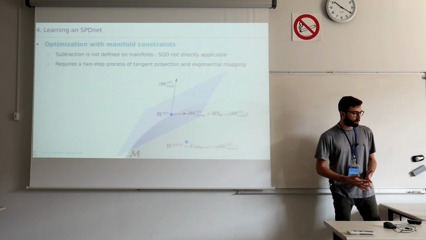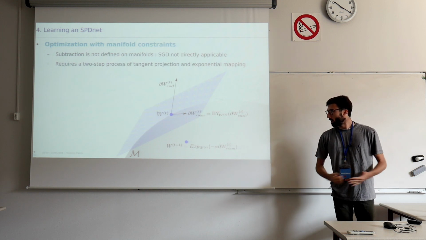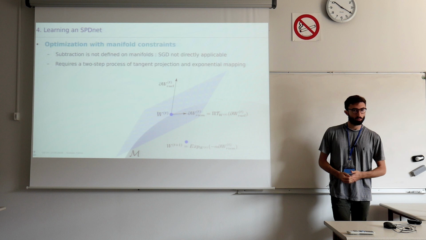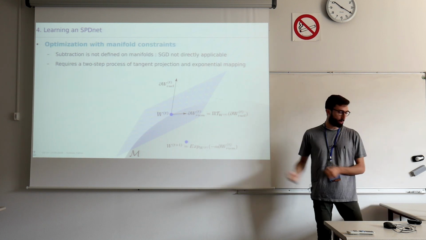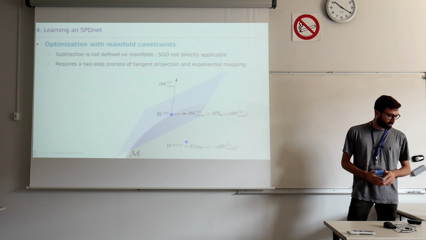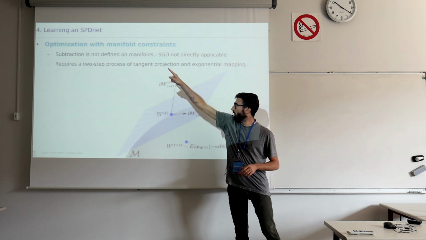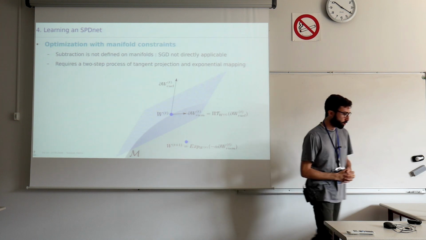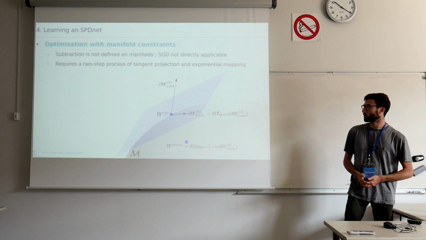And as for the second one, optimization with manifold constraints. I'm sure I'm pretty redundant with what has already been said in previous lectures, but there's a drawing. The backpropagation gives us a Euclidean gradient here, dw up, which has no reason to respect the manifold constraints.